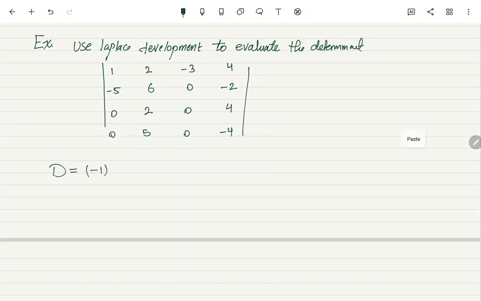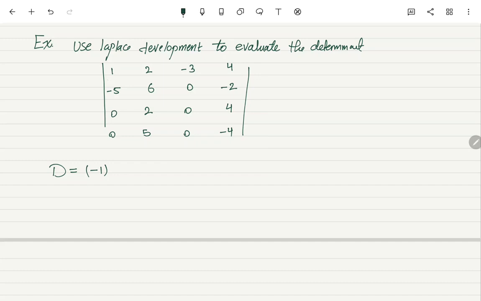We can pick any row or any column, but the good thing here is the third column, this one here, most of the elements are 0. So if we pick the third column, this will make things much easier for calculating the determinant. So let's pick the third column. Now it doesn't matter actually which row you pick, so let's pick the first row.